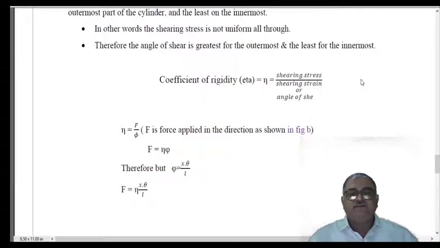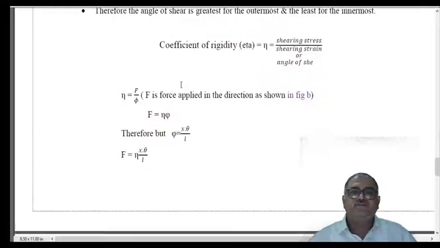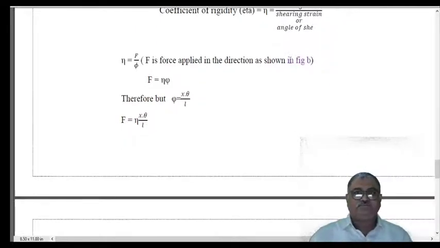And by this, if we are calculating the coefficient of rigidity, that is eta, we know the formula, shearing stress upon shearing strain. Here eta equals F upon phi. Here F is the force applied in the direction as shown in figure B.